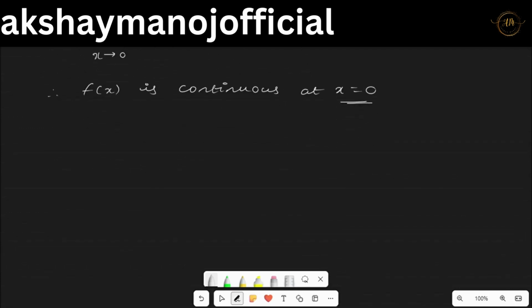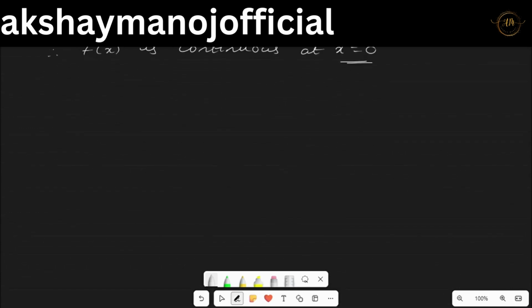Next condition we have is x equals minus 3. Continuity at x equals minus 3.